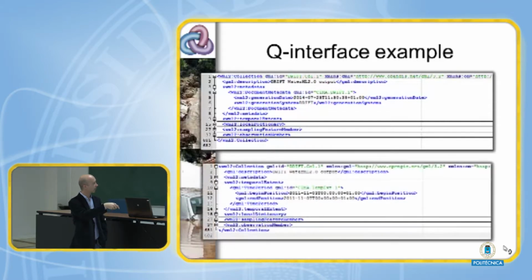Then we get a block with temporal extent, specifying the time range covered by the data in the file. It has a label, so you will see a couple of these labels popping up. There's one here as well, but we'll not refer to it later on.